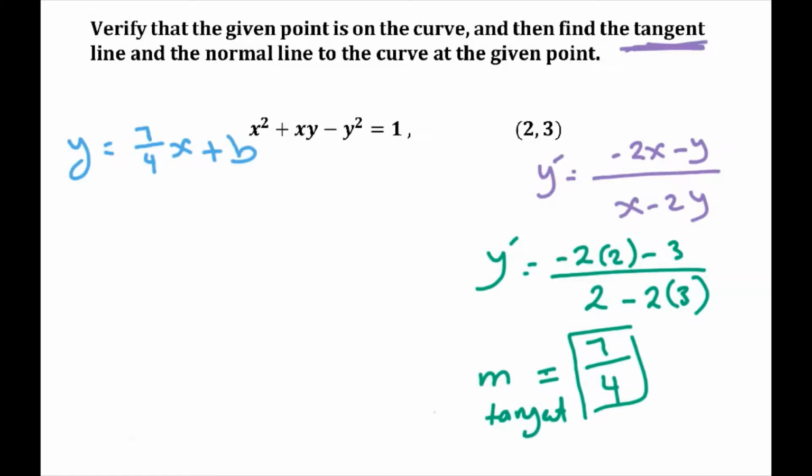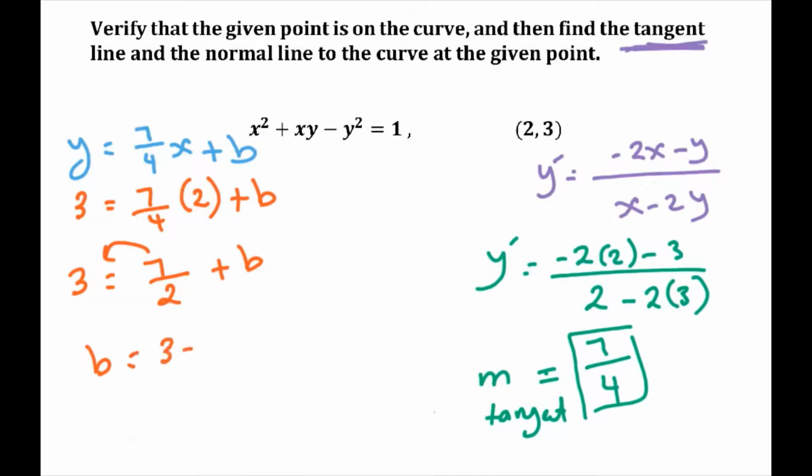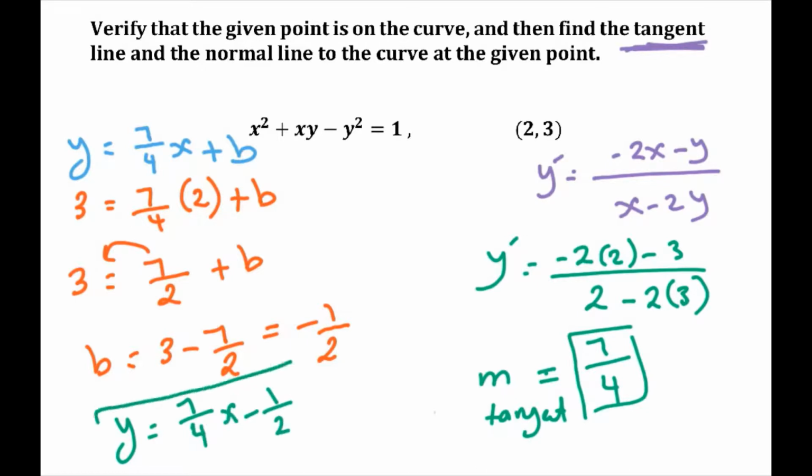So 3 equal 7 over 4 times 2 plus b, 3 equal 7 over 2 plus b, and move 7 over 2, which is equal negative 1/2. So the equation of the tangent will be y equal 7 over 4 x minus 1/2. So that's the equation of the tangent.